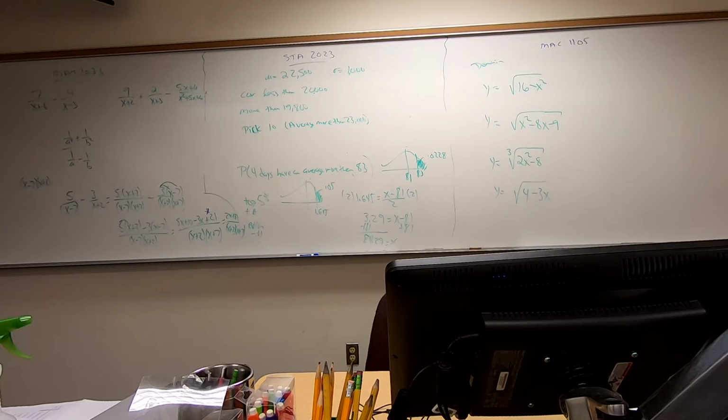Now, negative 1, yeah, switch these two around. All right. Negative 1 times this, add straight down.